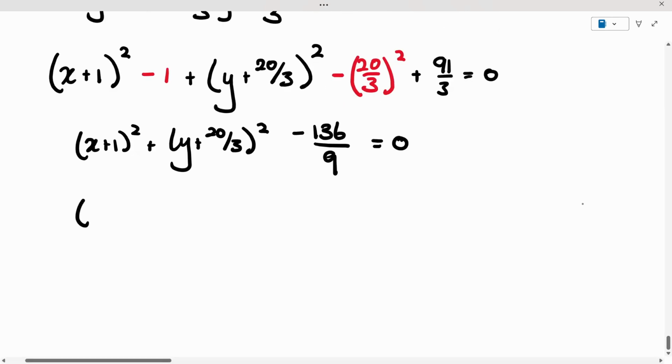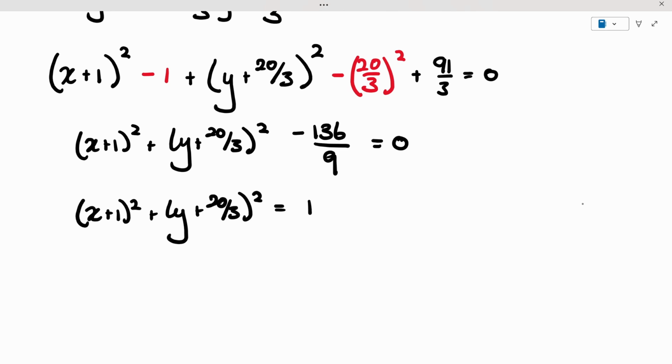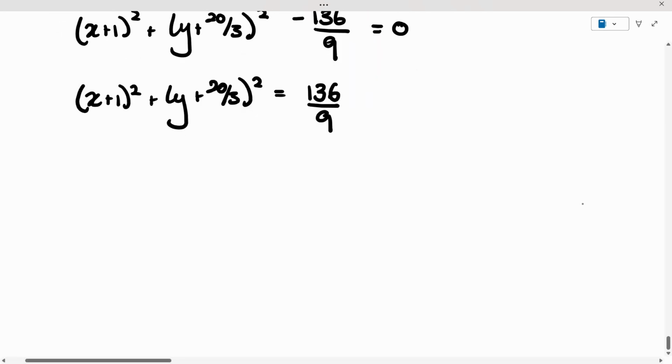Right, so if we write it in this form, x plus 1 squared plus y plus 20 over 3 squared is equal to 136 over 9, then this is the equation of a circle.